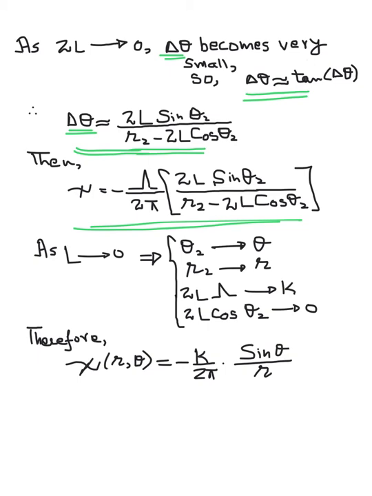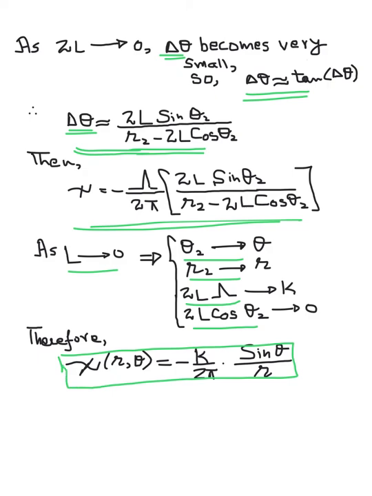As L is approaching 0, this theta 2 will be theta, r2 will be r. This term I am considering as a constant, kappa, and this term will be approaching 0. So once I have that, I have obtained the equation for my stream function for a doublet. So this is my equation for the stream function of doublet.